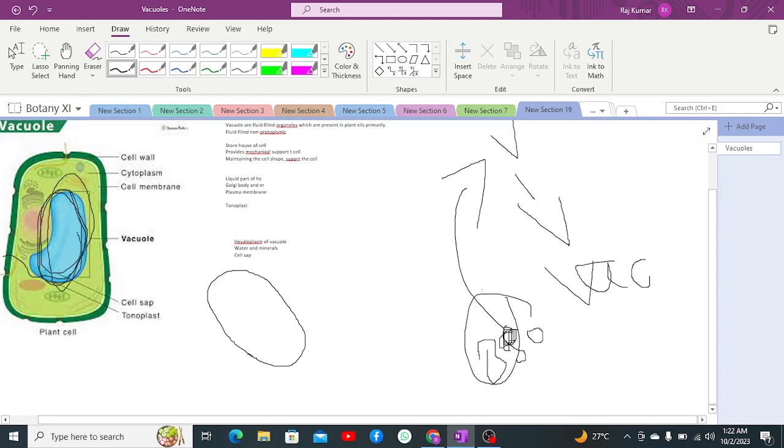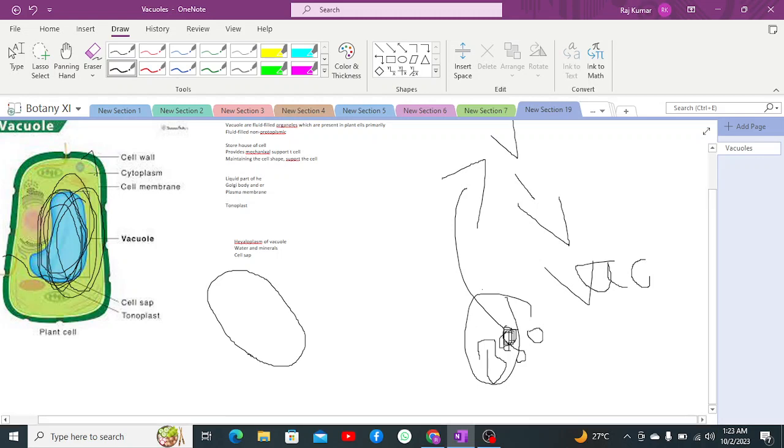The cytosol then collides with the cell membrane, due to which pressure is exerted over the cell wall.